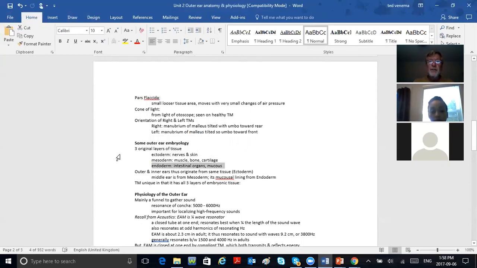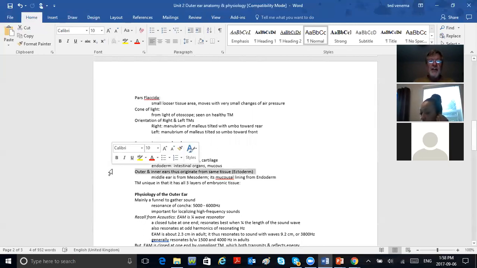And ectoderm eventually forms into nerves and skin. Mesoderm eventually forms into muscle, bone, and cartilage. And endoderm is the slimy stuff: your guts, your intestines, the insides of your cheeks, the inside of your middle ears, the inside of your nose, all the slimy stuff.